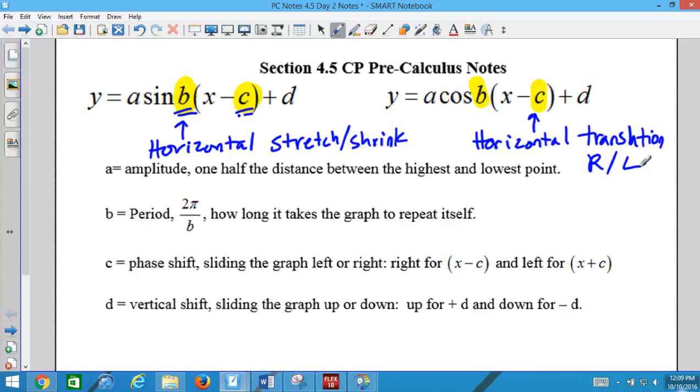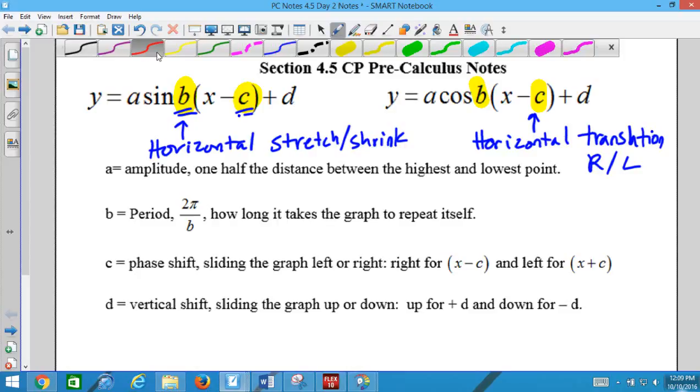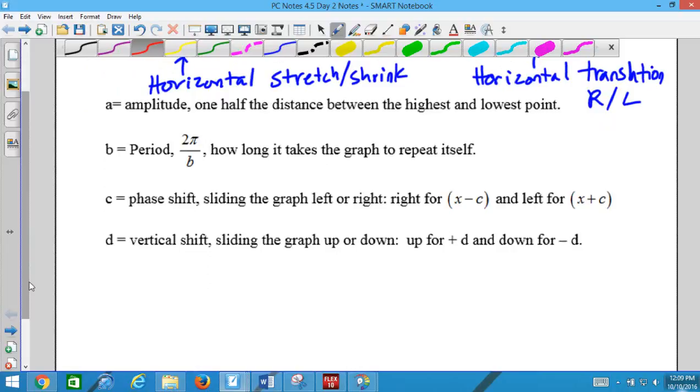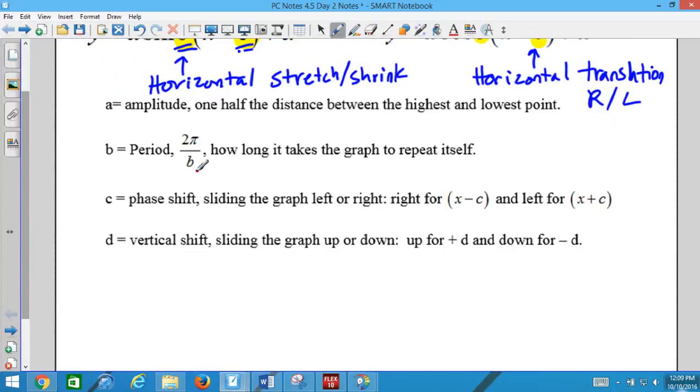And when we did transformations before, the exact same rules apply to what they do. Anything that we do horizontal, we always do the opposite operation.